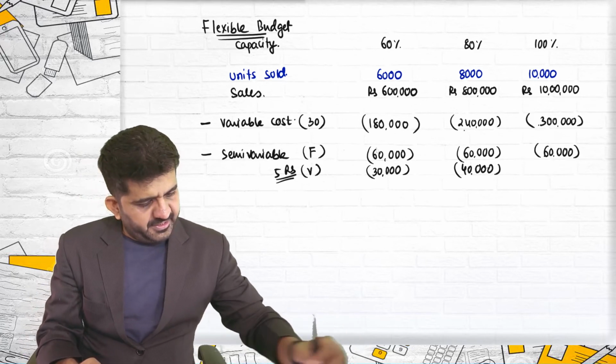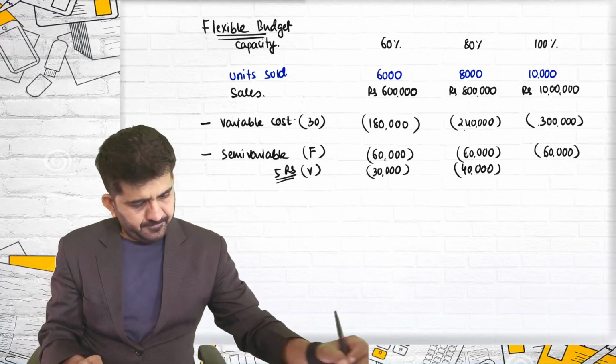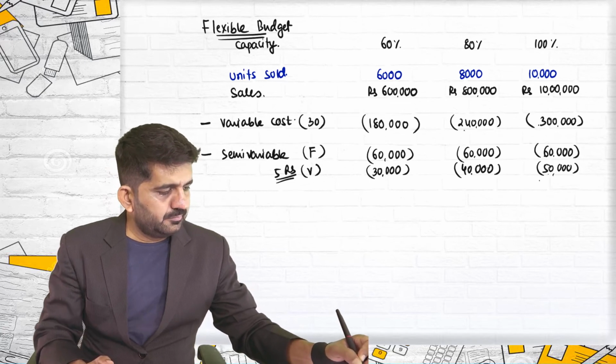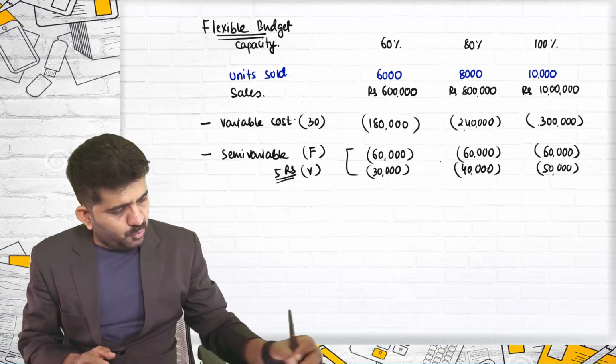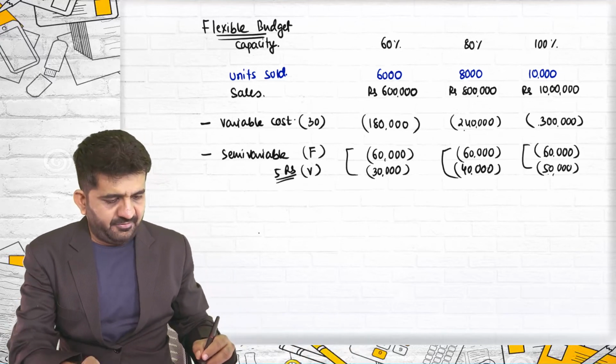And this will be 10,000 into 5, which will be 50,000. Now if you see this total, it is neither fixed nor variable. So they are termed as semi-variable.